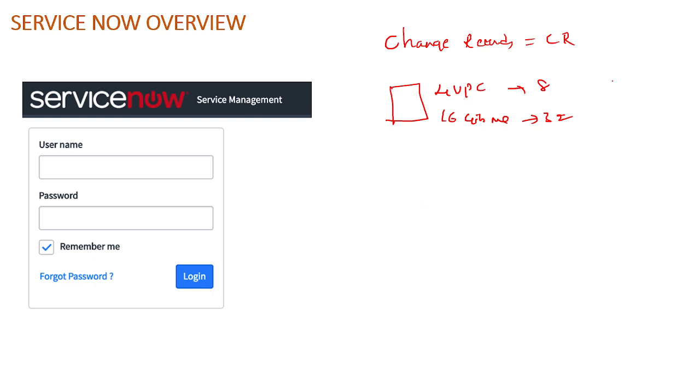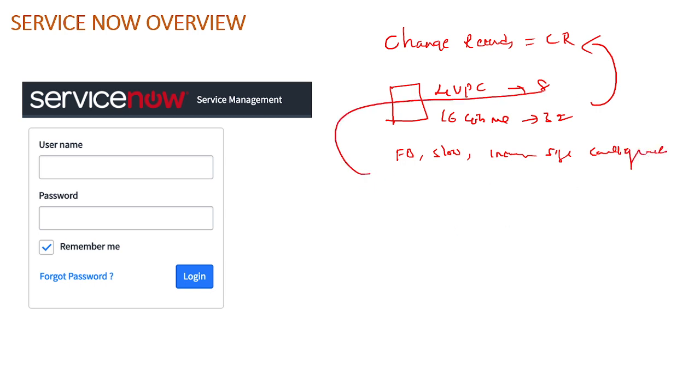Then you have to raise a change ticket and state that this is an application called Facebook, which was very slow, hence with business approval we are increasing the size or configuration. You will document that in this change ticket. The change ticket will look like CR12345. This is called a change ticket.